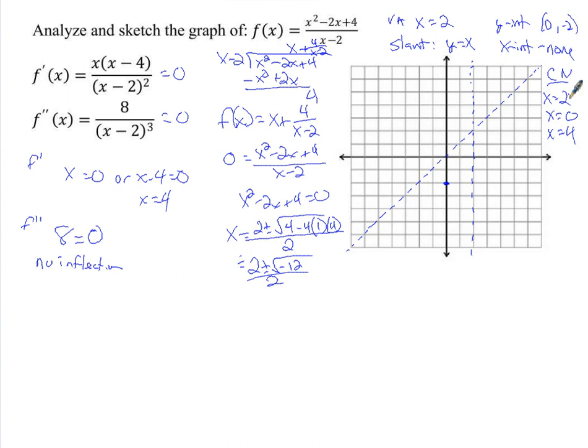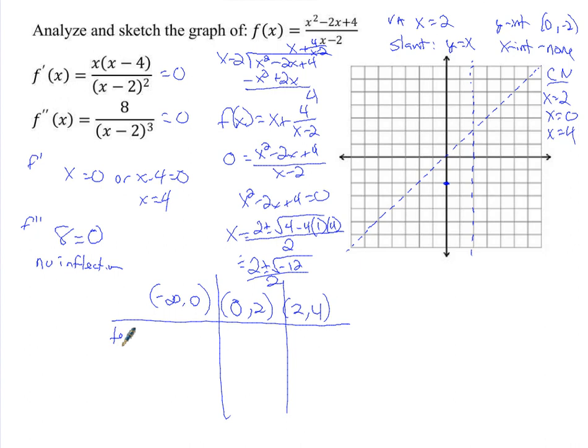So I set up my table of intervals. I have negative infinity to my first critical number, which is 0, then 0 to 2, then 2 to 4. And I need some test points, some test numbers. A good one here would be negative 1, and then 1, and then 3. First derivative, second derivative.